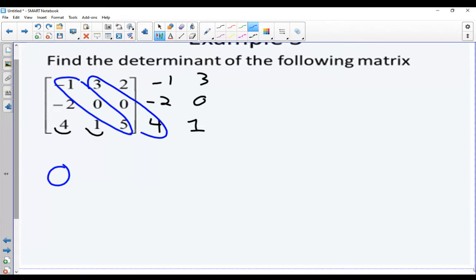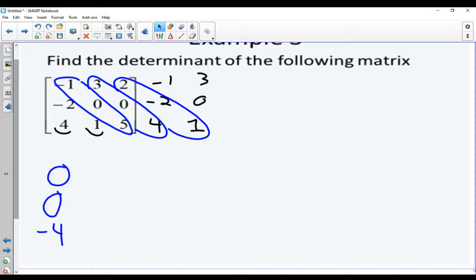And the second diagonal, 3 times 0 times 4, which is also 0. Then the last downwards diagonal, 2, -2, 1, which should get you -4. So those are all the downwards diagonals.